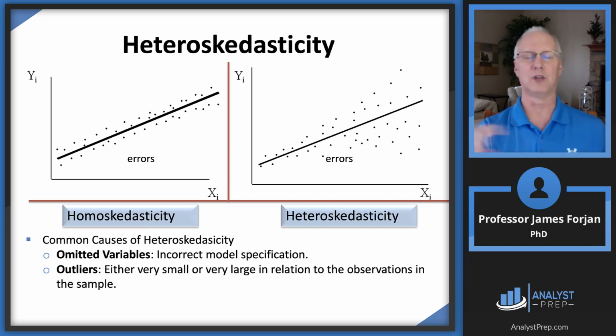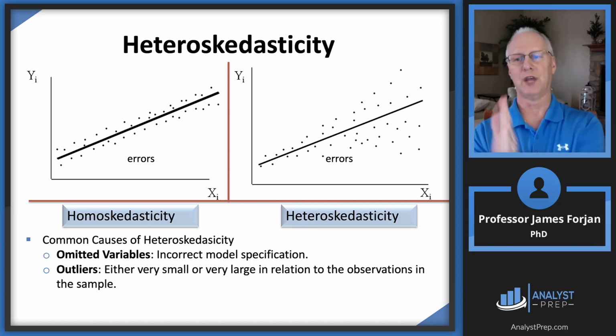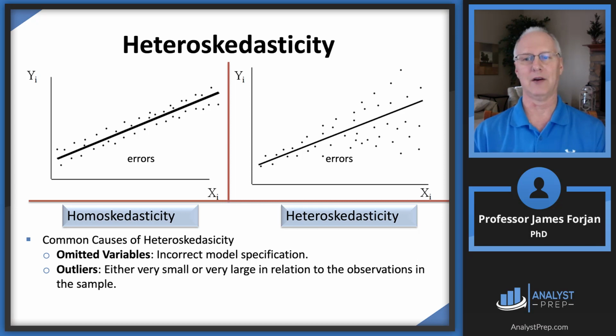That kind of looks like they're going to produce a constant variance. But now look under heteroskedasticity, you see kind of a cone shape, so that as we get higher and higher levels of the independent variable, then who knows what we're going to get with the dependent variable. So there's a cone shape out there.